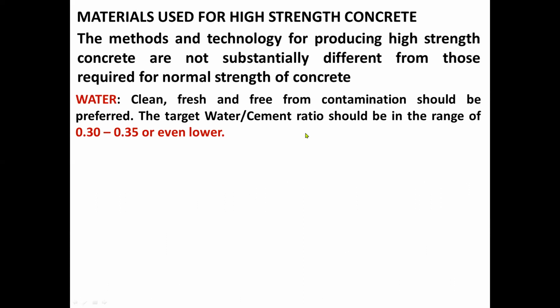Yun ang kinakailangan sa tubig na ating gagamitin kapag tayo ay naghalo ng konkreto. The target water-cement ratio should be in the range of 0.30 to 0.35 or even lower. Kailangan mas mababa para mabilis ma-attain ng ating konkreto ang kanyang required strength or compressive strength.